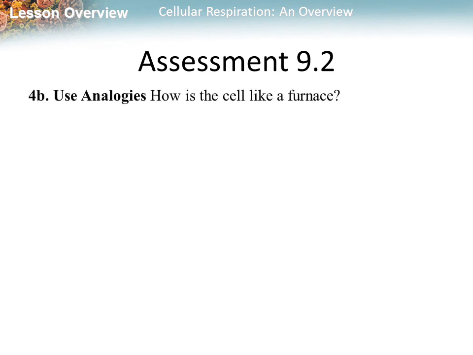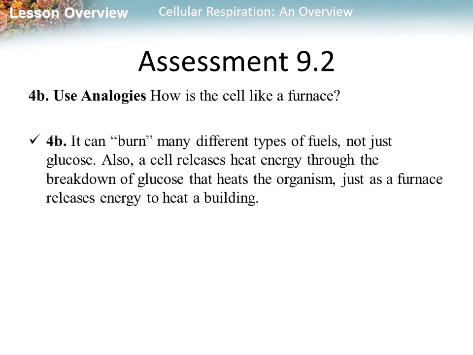Well, now for B, how is the cell like a furnace? It can burn many different types of fuels, not just glucose. Also, a cell releases heat energy through the breakdown of glucose that heats the organism, just as a furnace releases energy to heat a building.